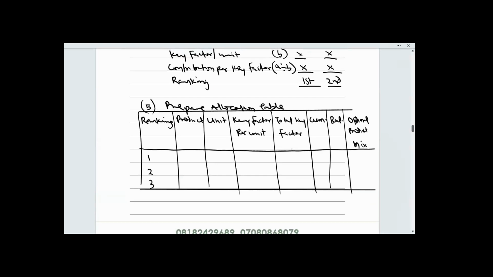So just put it there. It's very interesting. Optimal product mix is straightforward and very interesting. It's not difficult. All right. So that's that. This is the format to prepare your allocation table.